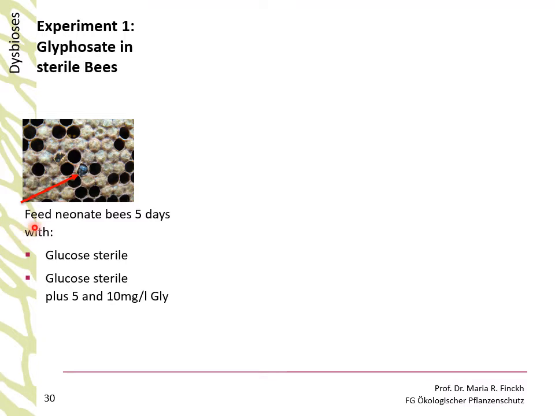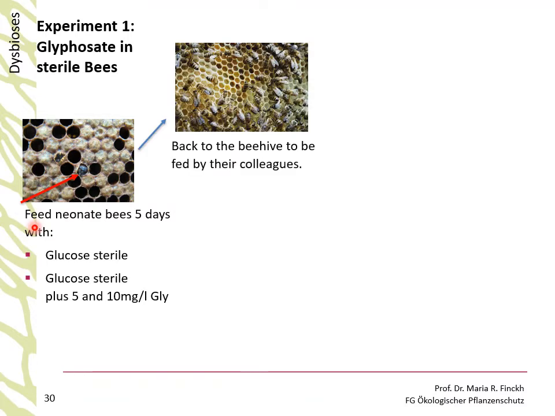They said this is realistic in the United States; in GMO plants you may find this much glyphosate in the nectar. After 5 days, they put the neonate bees back into the beehive so they could be fed by their colleagues with what the colleagues have in their guts.